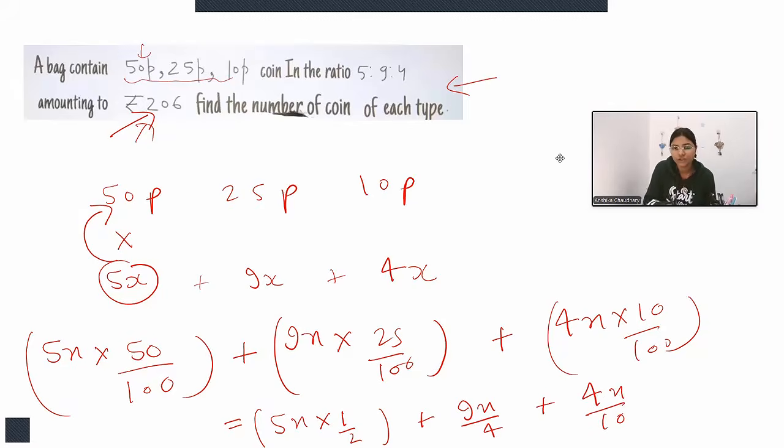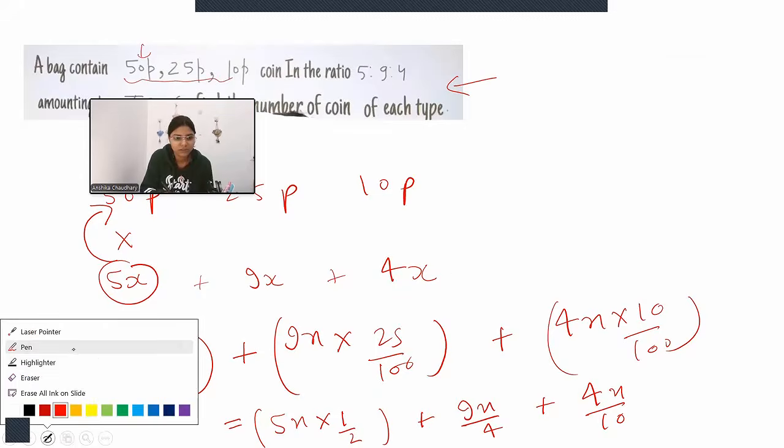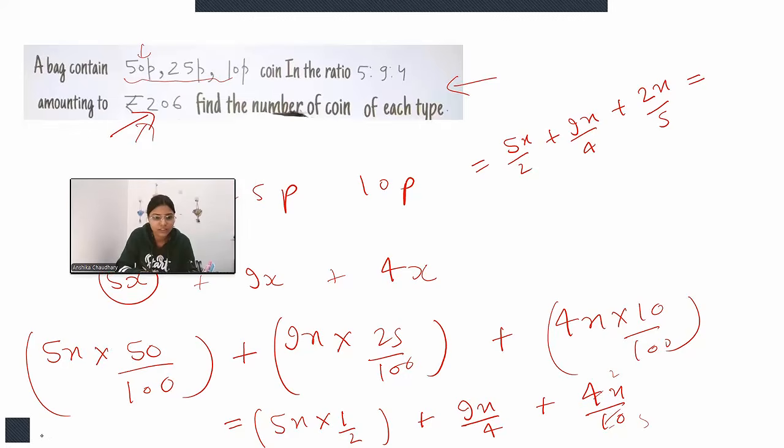Now, if we solve further, it will become 5x by 2 plus 9x by 4 plus 2x by 5. It will be the total amount actually, right? But what is our total amount given? 206 rupees, right? Now let's solve this.